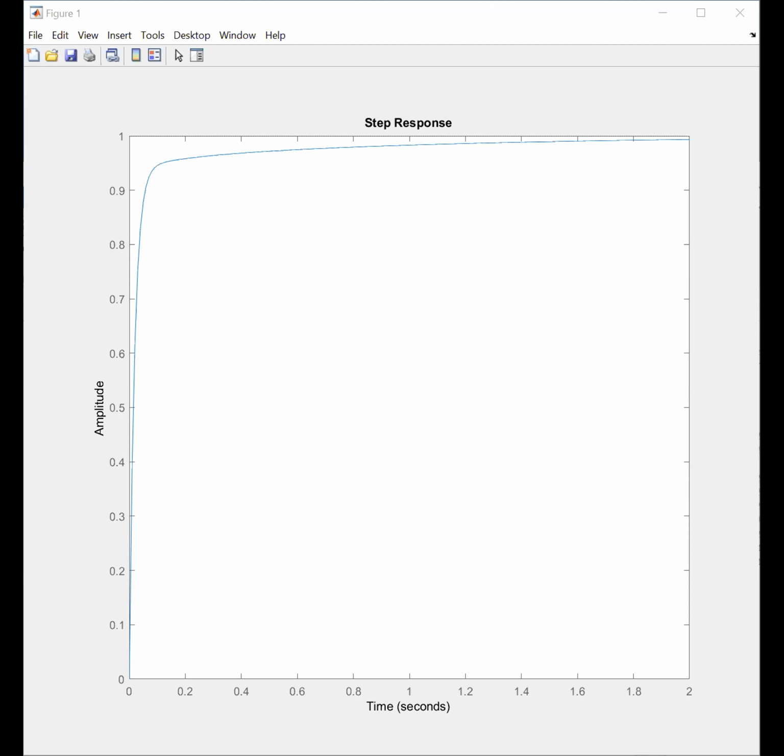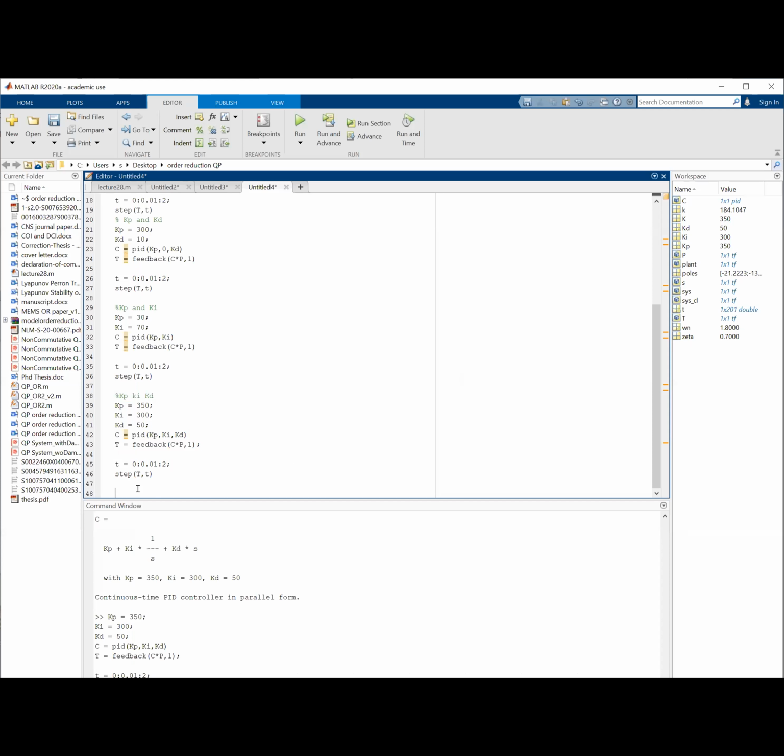Now, one thing I just want to show you is MATLAB will help you tune PID gains automatically. And there is a command called PID Tuner. So what you can do is type PID Tuner, and then it needs an open loop system.